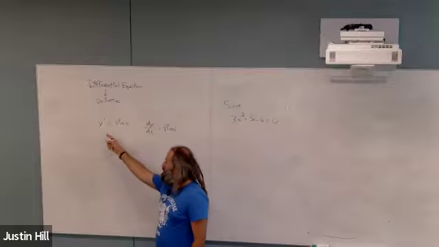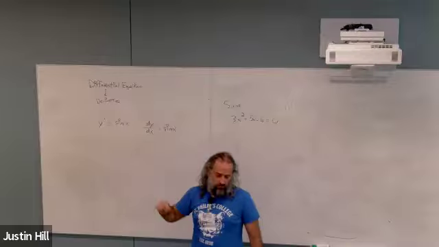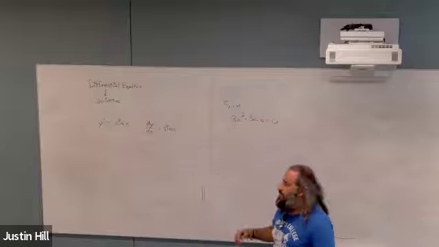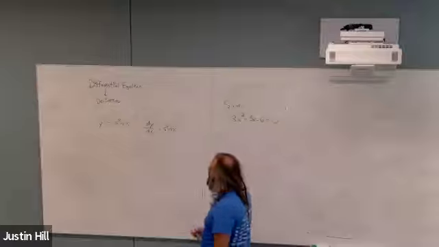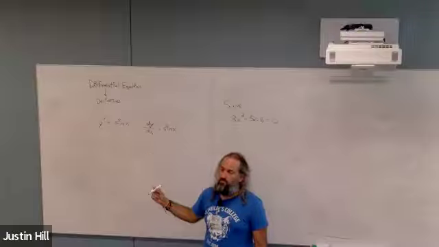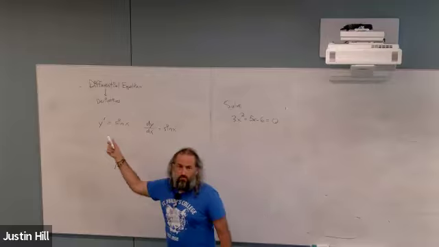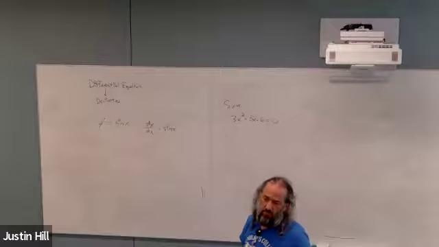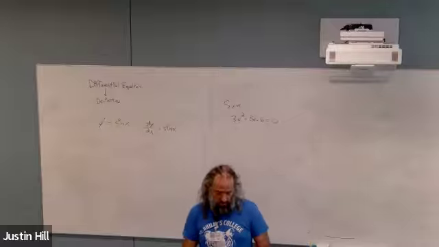Basically, Newton's notation and Leibniz notation. It means the same thing though. Sometimes this notation helps us with some of our solution methods, and sometimes the other notation is better.